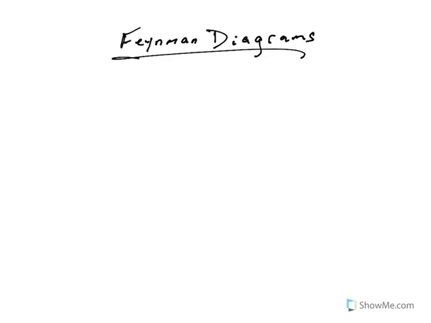So the first thing to note is what the heck is a Feynman diagram. Of course, if you've seen any particle physics stuff before, you've seen things that kind of look like this. You've got a line, some kind of squiggle, and then a line and a line, something like this. Maybe you have arrows.